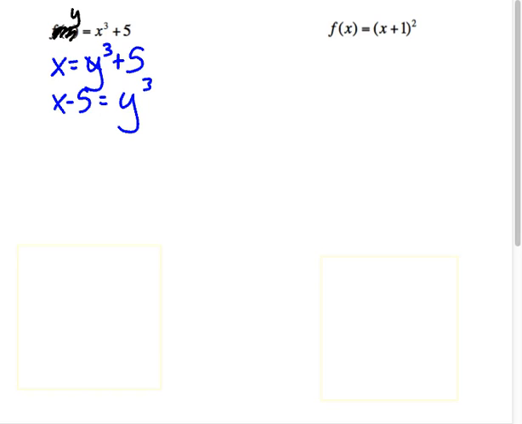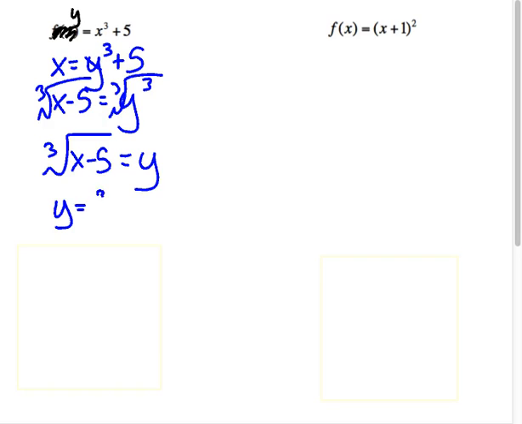And now to undo that cube, I need to take the cube root. So I'm going to get the cube root of x minus 5 equals y, or for those of you who'd like the y to be first, here is your inverse. You're always just working on undoing any operations.